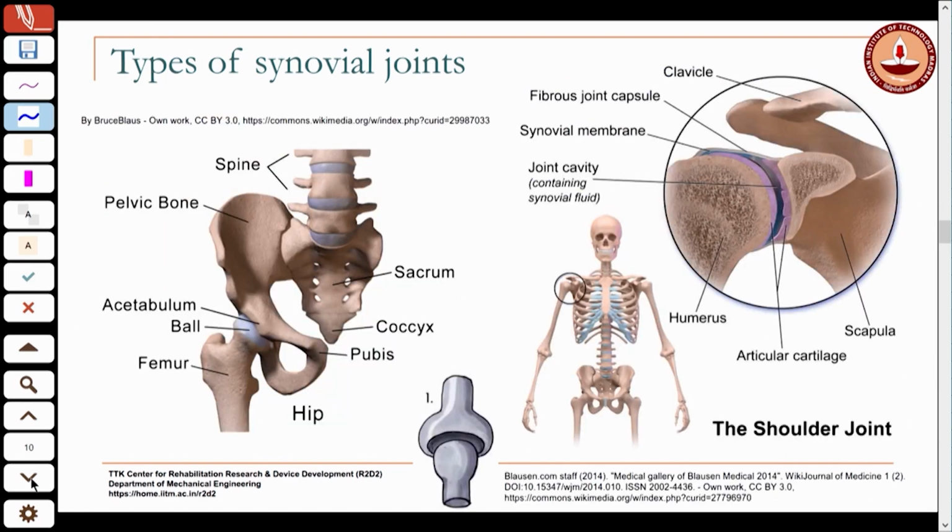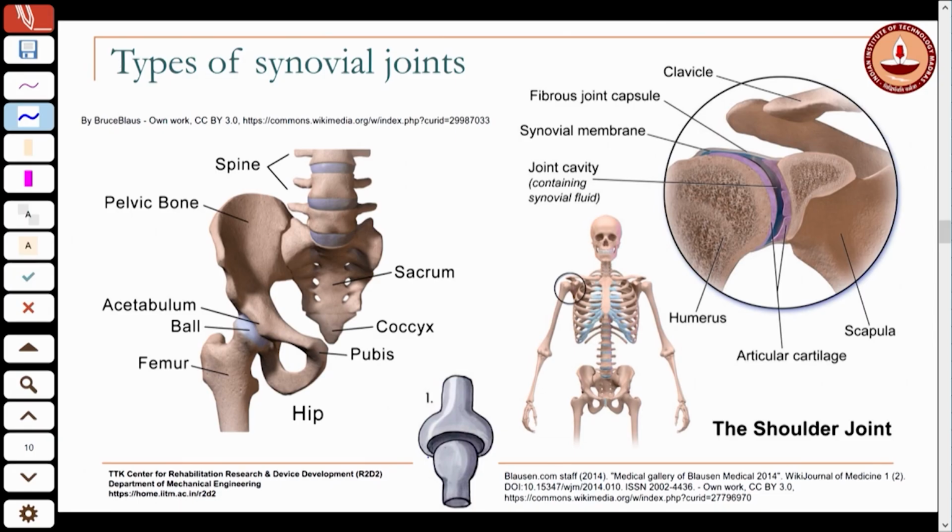Here are examples of ball and socket joints, which give you 3 degrees of freedom. You have rotation in 3 different directions.